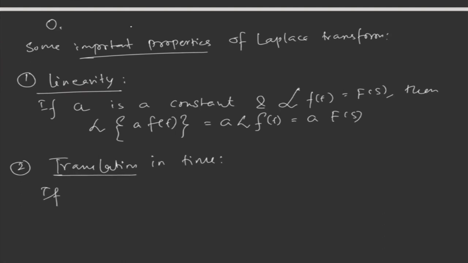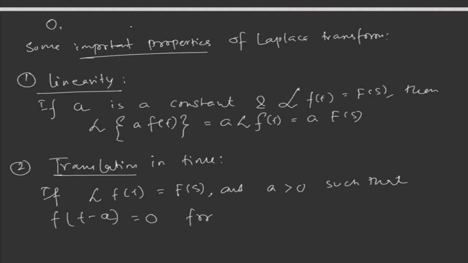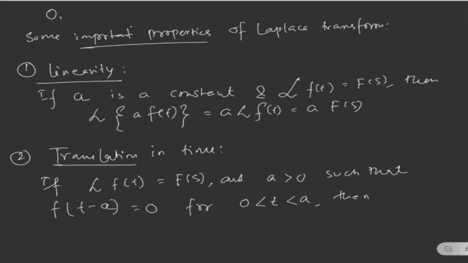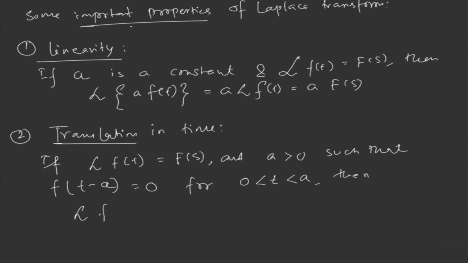If the Laplace transform of f(t) is a function F(s), and a is a positive real number, such that f(t minus a) equals 0 for t less than a, then we can write the Laplace transform of f(t minus a) as e to the minus as times F(s).